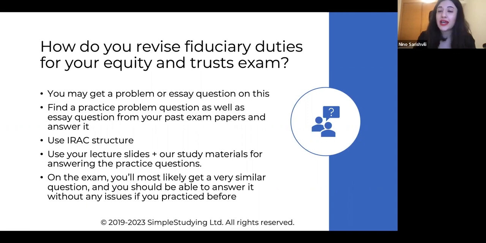You have to use your lecture slides, your lecture materials, as well as our study materials for answering the practice questions, the essay or problem questions. Your lecture slides summarize the syllabus and all the cases that you are supposed to mention, but most likely it will only be very brief and requires further research, whereas our study material summarizes for you all the further research that you're supposed to do from journal articles, from books.